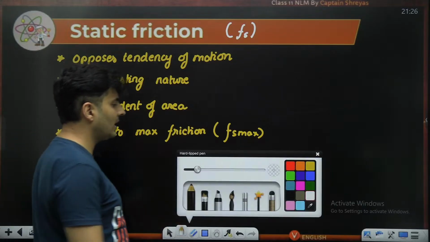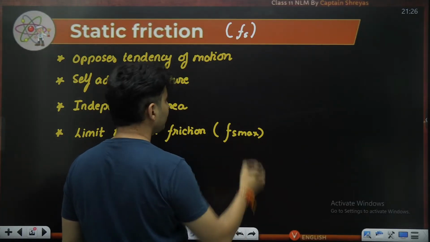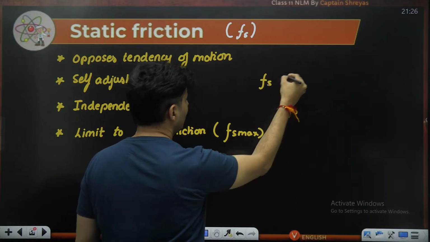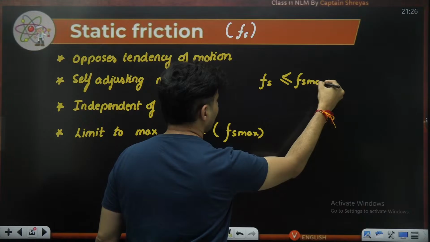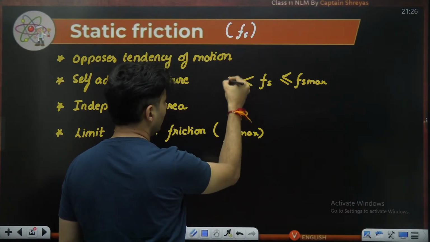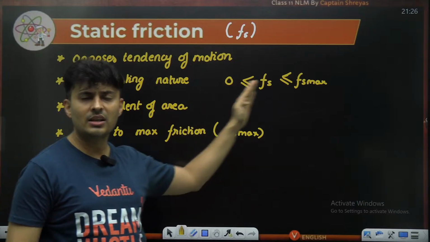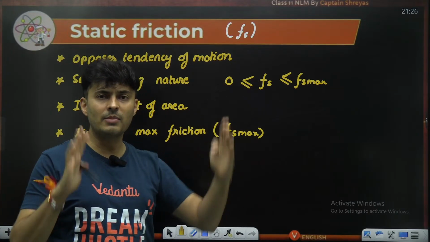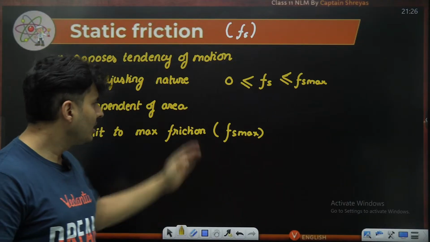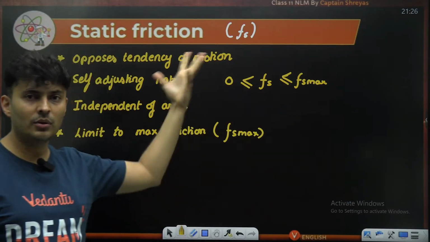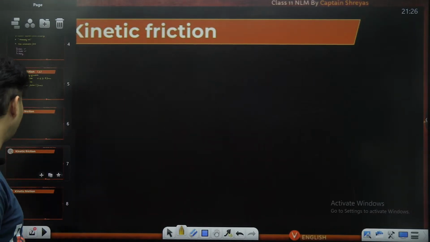Since I mentioned it is self-adjusting, it also means that the Fs value is less than or equal to Fs max, and it will be more than or equal to 0. So the friction can lie anywhere between 0 and Fs max. Those are the extremities. It will adjust itself to keep the surfaces at rest. Beyond Fs max, it can't tolerate, it will go into kinetic zone. Okay, these are some basic pointers which you should know about static friction.